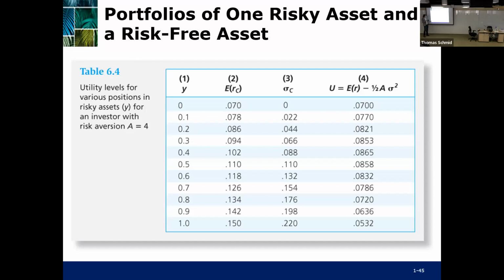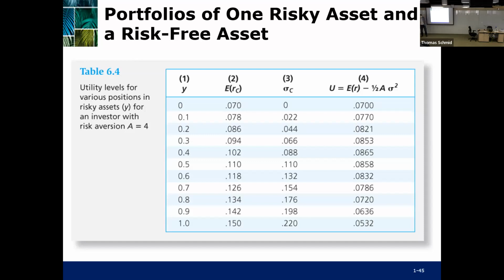And then for specific y's, so for specific fractions in the risky asset, you just set in the values and get expected returns. If you use the expected return formula, you get the risk of the complete portfolio if you use the risk formula, and then you set expected return and risk in the utility formula, and you get your utility.